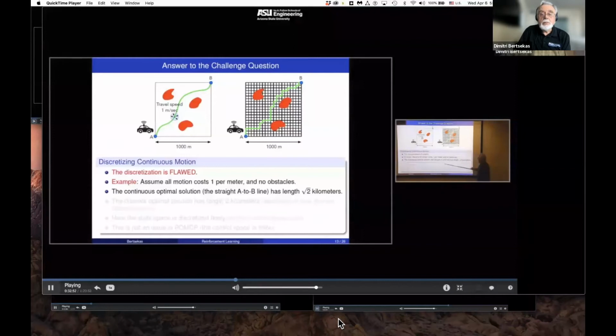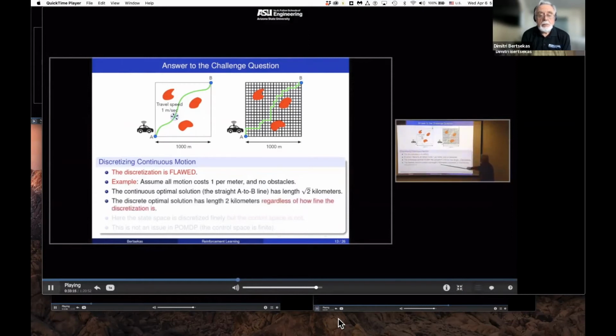There are no obstacles here. And it has length square root of 2 kilometers, right? It's 1 kilometer this way, 1 kilometer this way. Around the hypotenuse is square root of 2 length. And this is the optimal cost, the optimal distance, okay, from here to here.